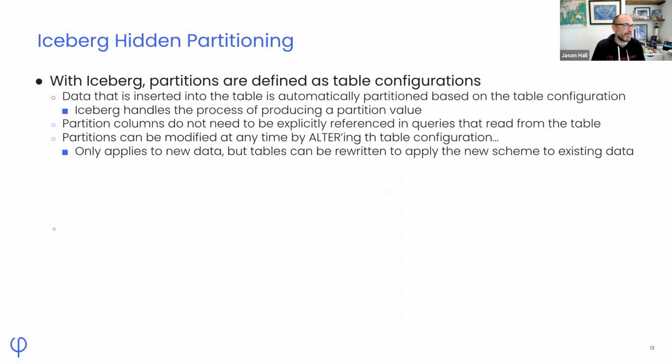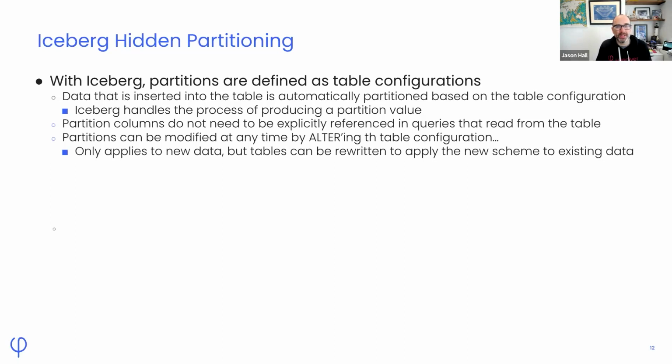I'll show you an example of what this looks like in a few minutes, but effectively you define partitioning as a table configuration, including, for example, some transformation logic that takes some source data and maps it into a partition key. And then Iceberg handles the process of producing a valid partition value based on that configuration, right?